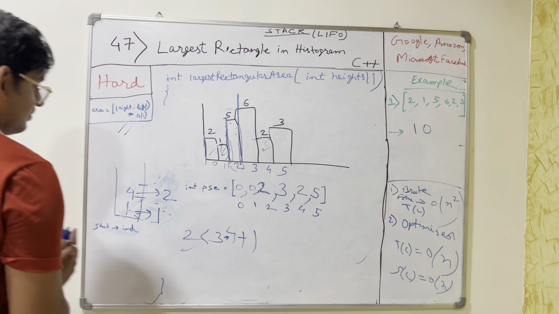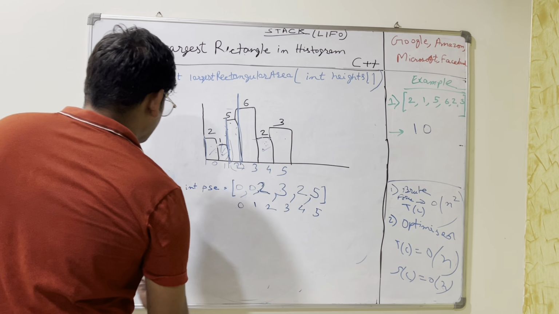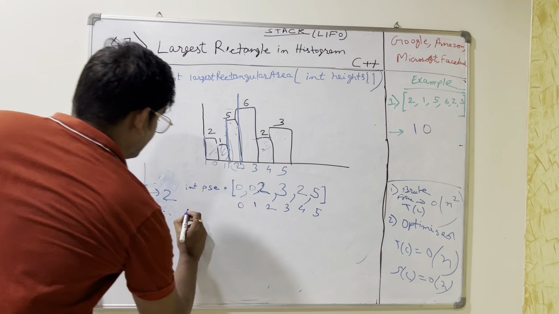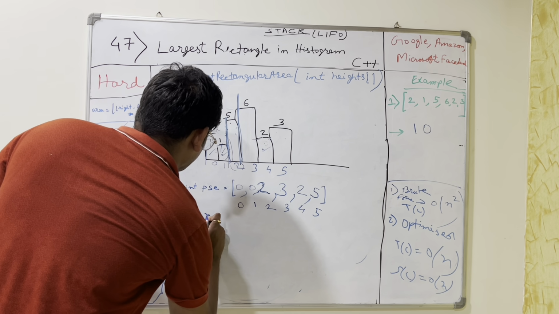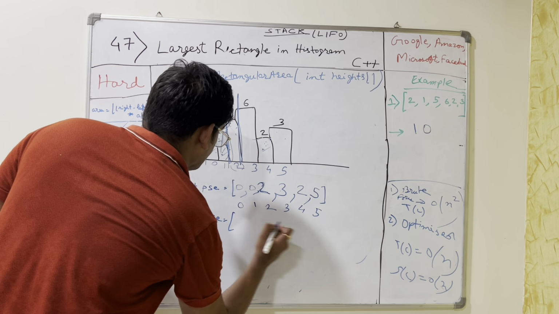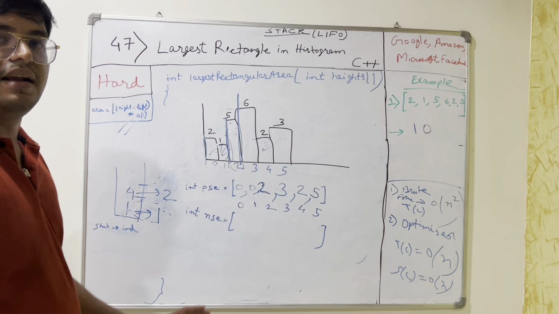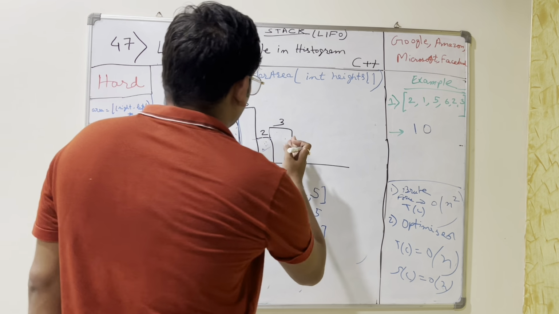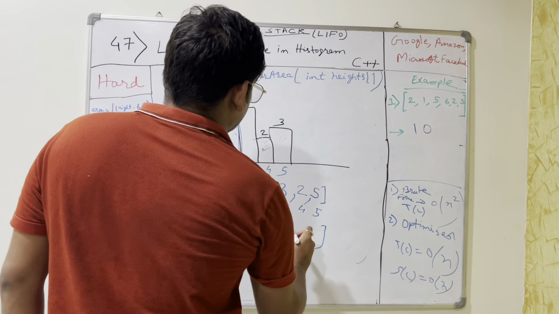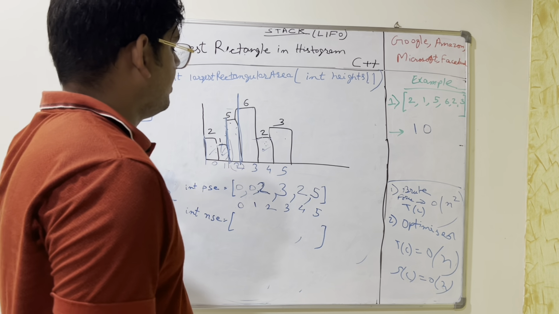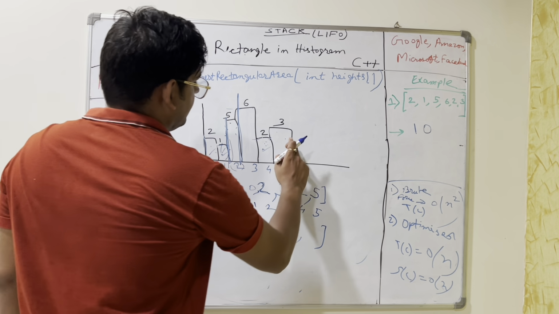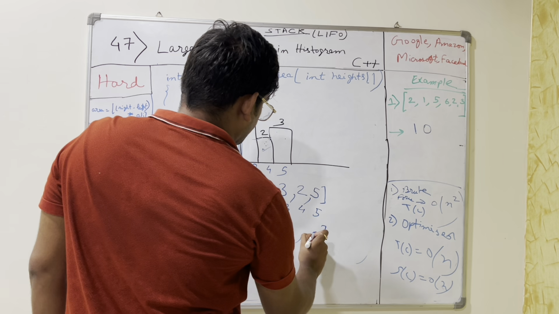Similarly, using a stack, we will find the next smaller element index. We'll use the same operation. We will begin from the right side, and you can easily say for 3, what would be the next smaller element boundary? We don't have anything, right?